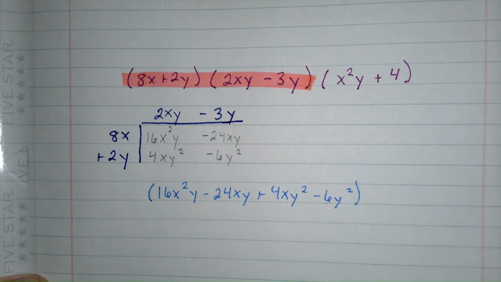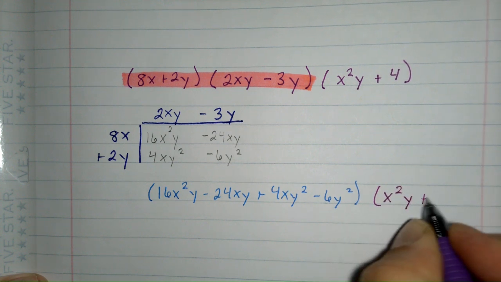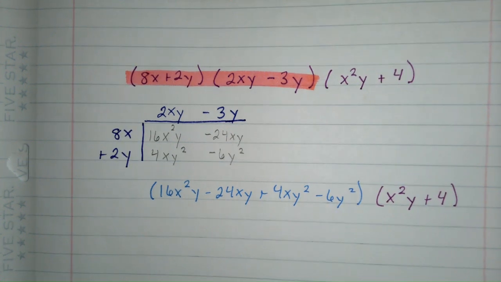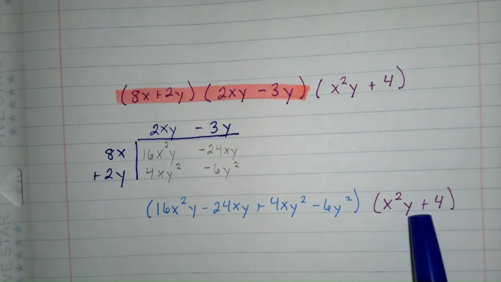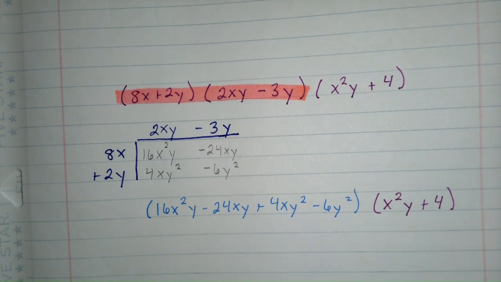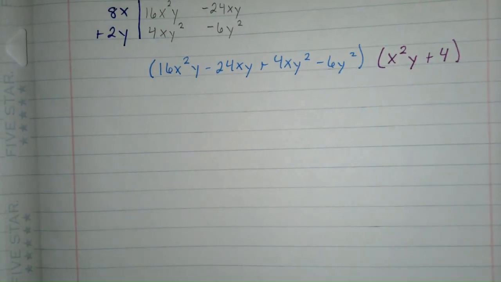And we still need to multiply it by this x squared y plus 4. Okay, so now we have a binomial being multiplied by something with 4 terms. So I need a 2 by 4 grid. I don't like going tall, so I'm going to go wide.